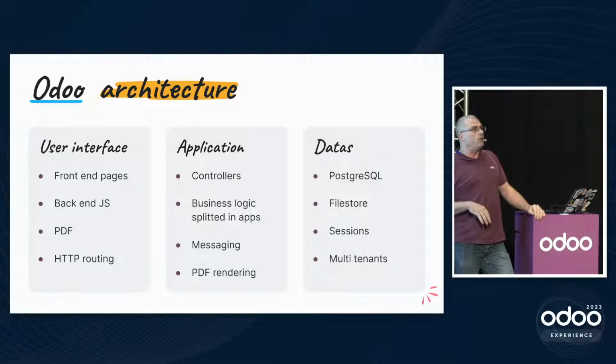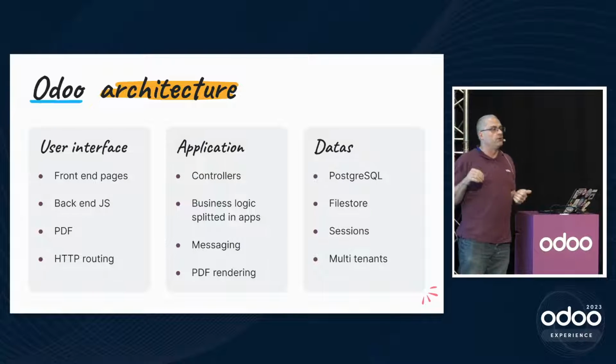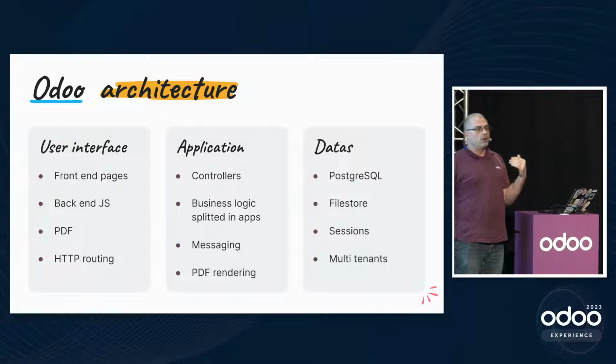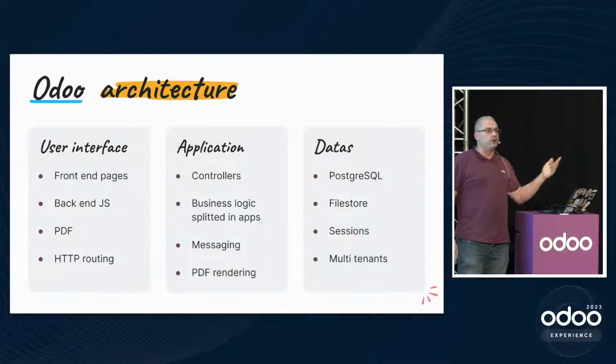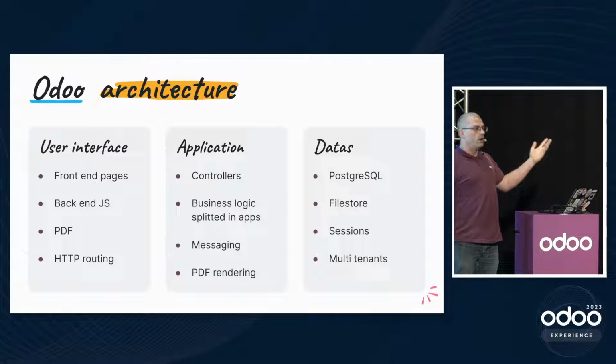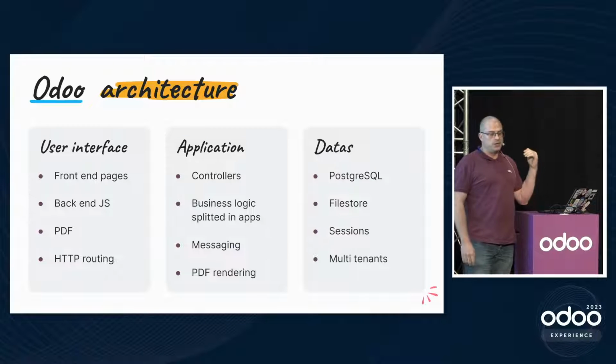You also have all the messaging features in Odoo, like Discuss to send messages from one user to another, or from a user on the website to chat with a backend operator, and so on. And of course the PDF rendering, which is done through an external tool called wkhtmltopdf.